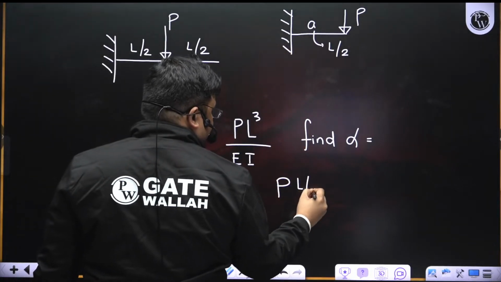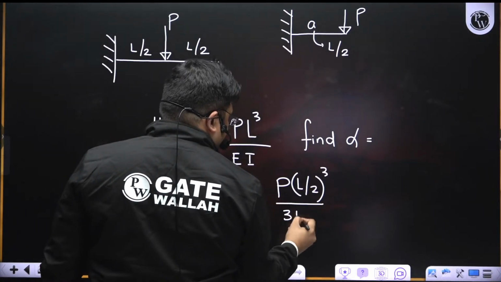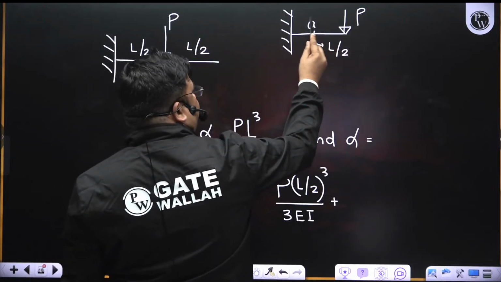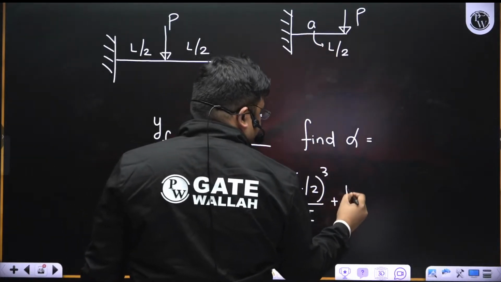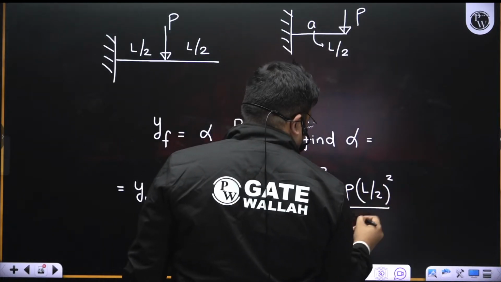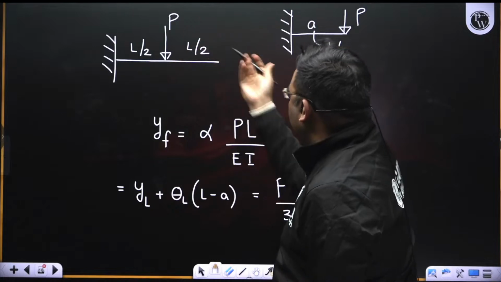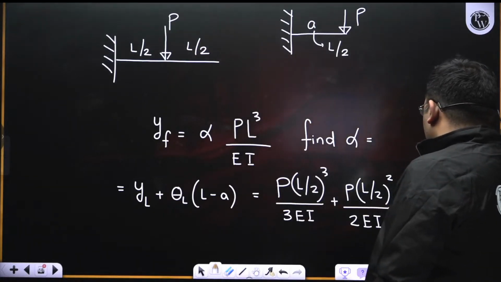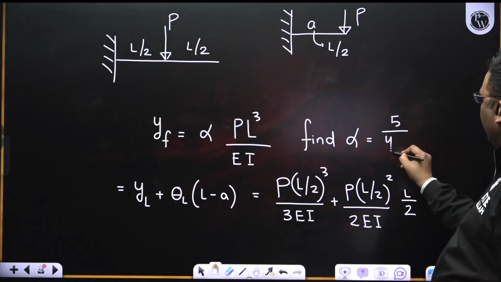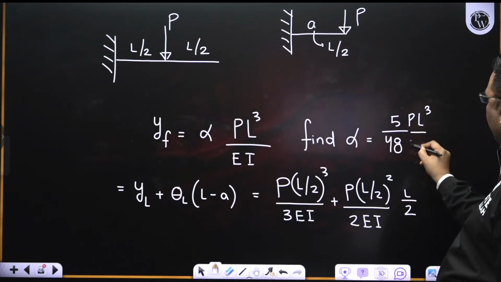So A cube means I'll use L by 2 cube by 3 EI, plus slope, which is PA square by 2 EI. So in PA square by 2 EI, I'll use L by 2. Then L minus A is the remaining portion, which is L by 2. So if you simplify it, you will get 5 by 48 PL cube by EI.